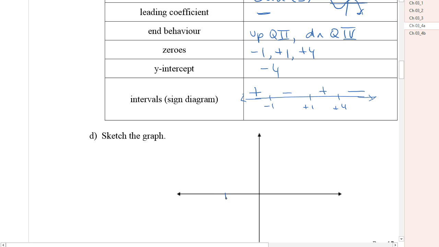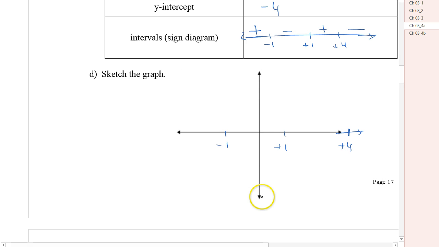Okay, let's sketch the graph. So some semblance of a scale here. I'll make a minus 1 here, a plus 1 here, and let's pretend that this is about 4 times as far out, so that's my plus 4, and my y-intercept was minus 4, so I'll make it down there, minus 4.